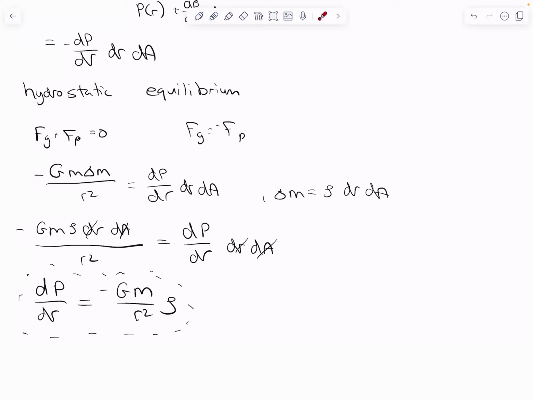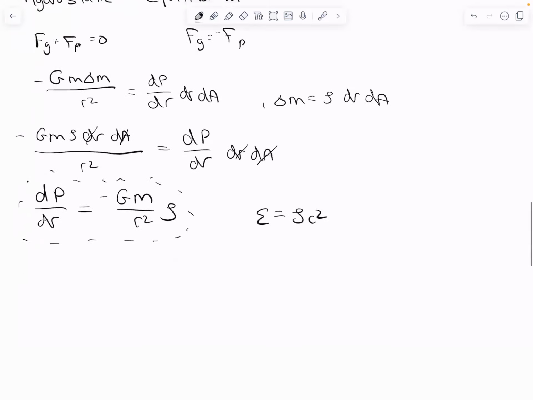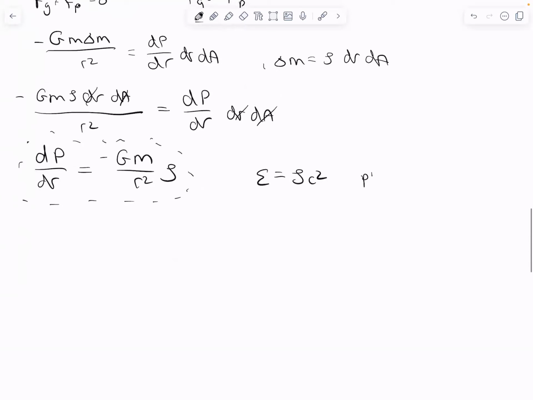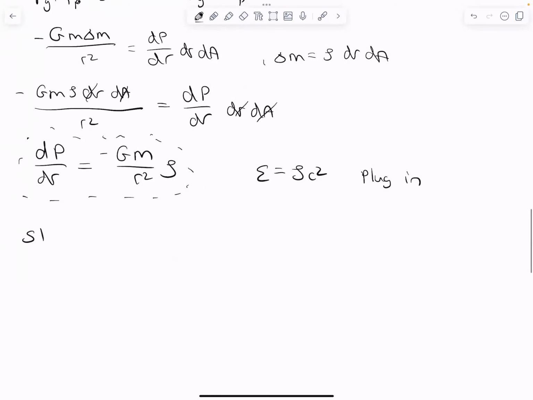You want relativistic systems. And so what it would be easier to do is instead define an energy density. And so for that, we just take E equals rho c squared, and we can plug that into our two equations. And so when we do that, we end up with what is called the structure equations.